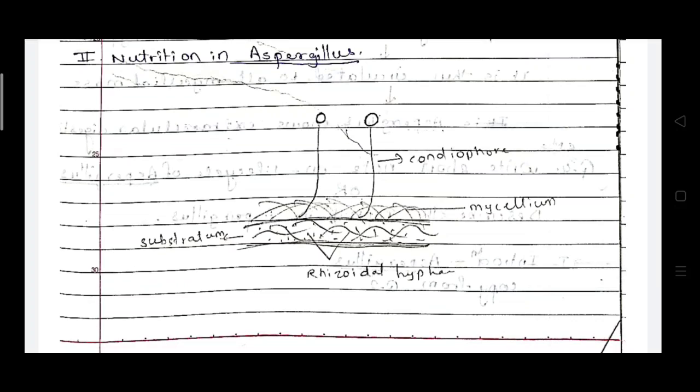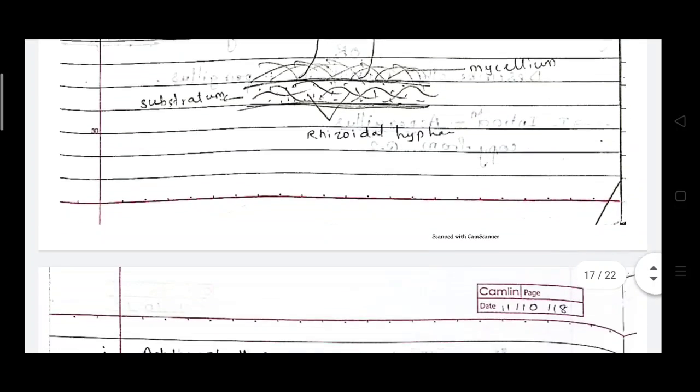Rhizoidal hyphae penetrate into the substratum and absorb the nutrients from the substratum. On that, some straight or vertical mycelium, vertical growth, is present, known as the conidiophore, and on that conidiophore conidia are present.